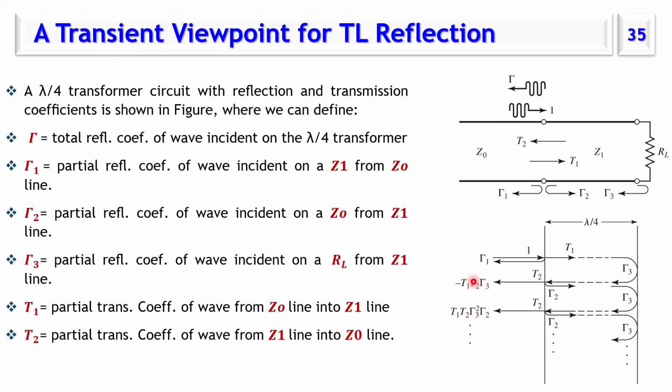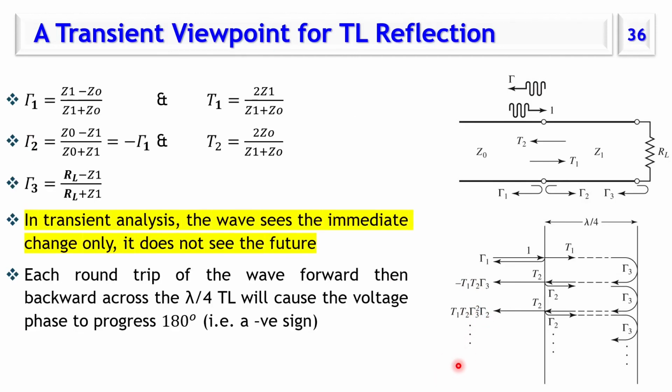The second element is the first element multiplied by minus gamma 3, gamma 2, and so on and so forth. This way we can find the summation, we can find the solution, and the infinite geometric series here is converging.